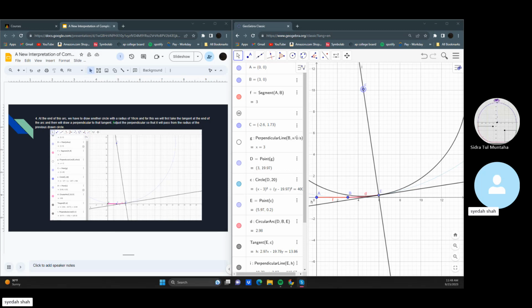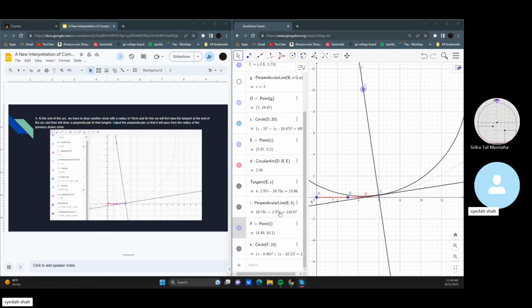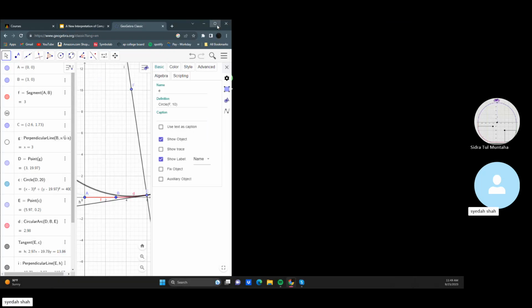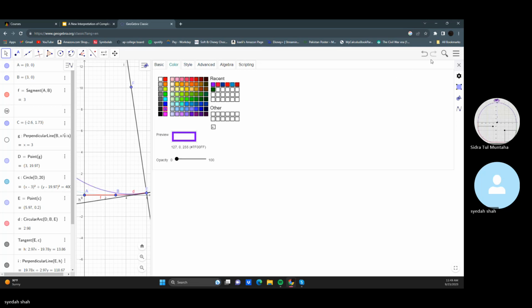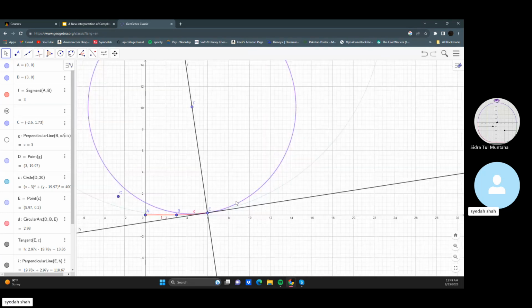Okay, so you can draw the 3 centimeter arc length on this new circle now.